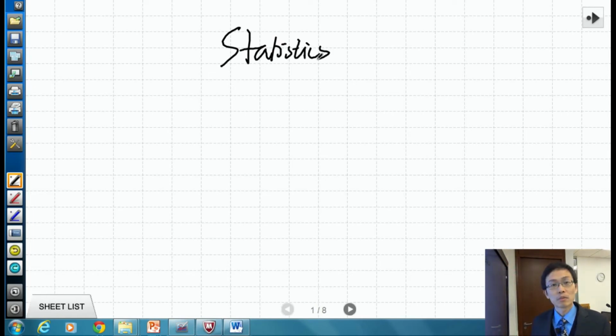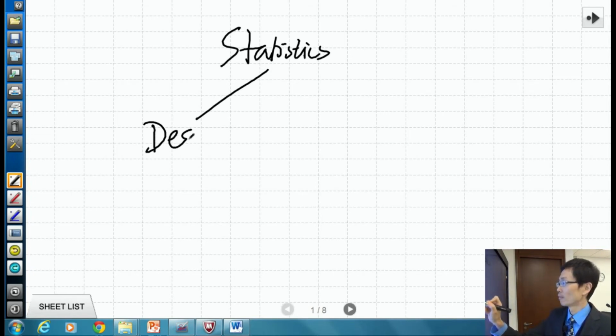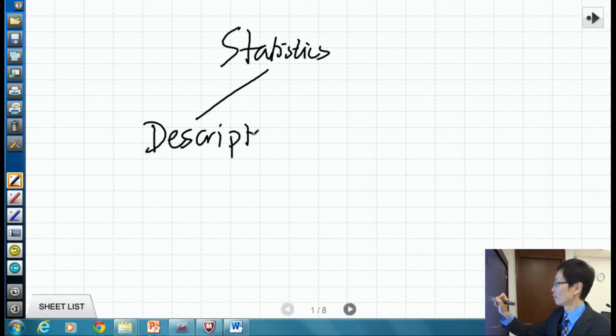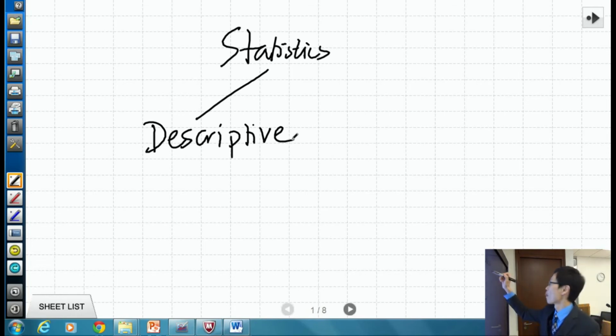There are two basic types of statistics that you need to know. First is the descriptive statistics. And the second one is the inferential statistics.